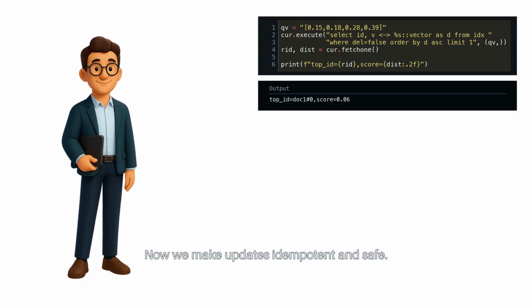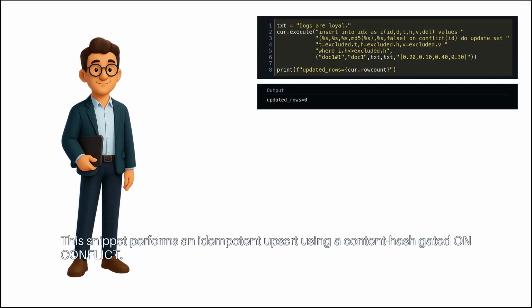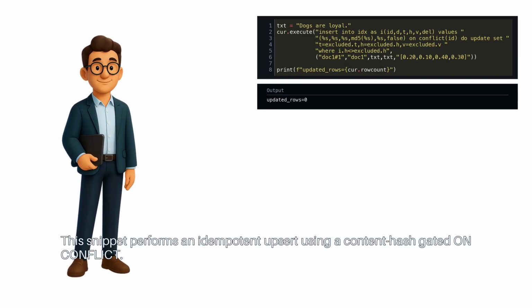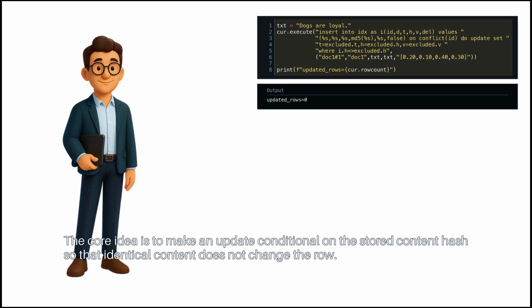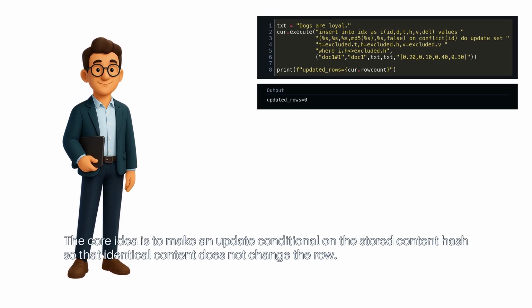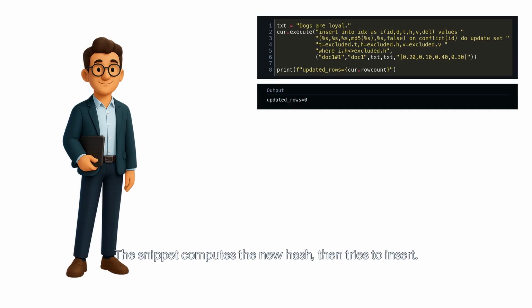Now we make updates idempotent and safe. This snippet performs an idempotent upsert using a content hash gated on conflict. The core idea is to make an update conditional on the stored content hash so that identical content does not change the row. The snippet computes the new hash, then tries to insert.